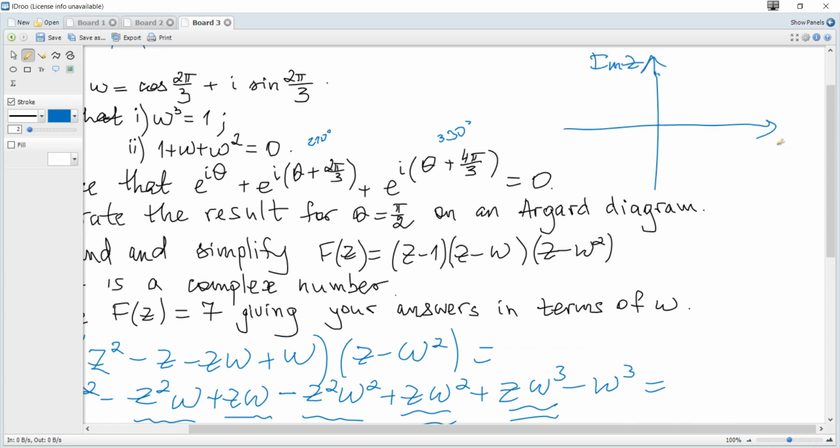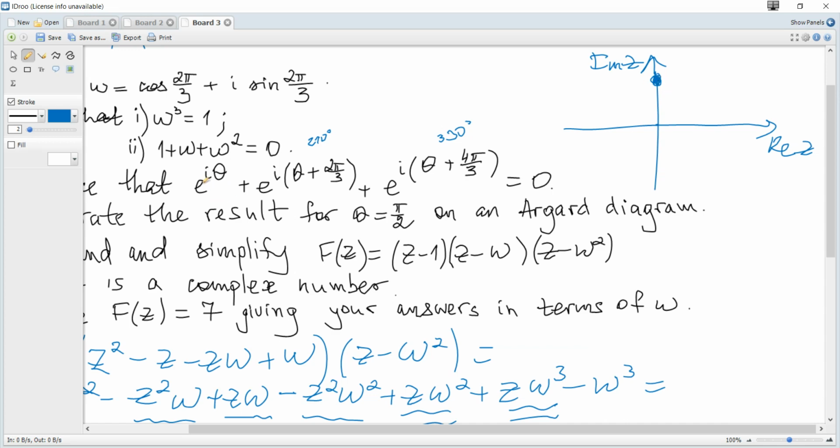imaginary part, real part. So we can just represent these three complex numbers on an Argand diagram, and let's do it. e to the power of i theta, it's e to the power of i pi over 2, modulus is 1, its distance from the origin, so this number is here.